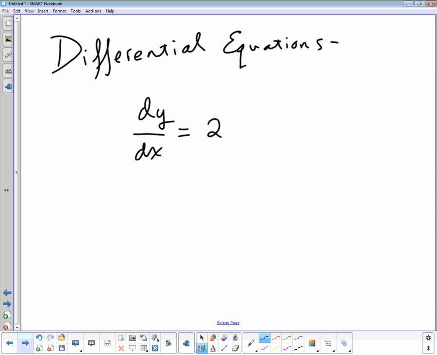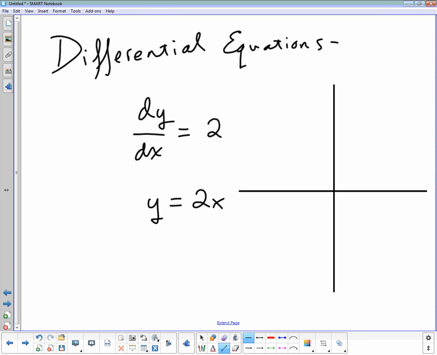Specifically what? What's the function? Y equals. If I were to go ahead and say that y equals 2x, this in reality is an example.